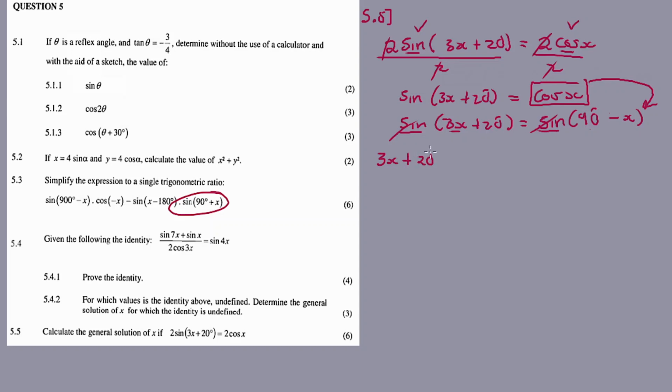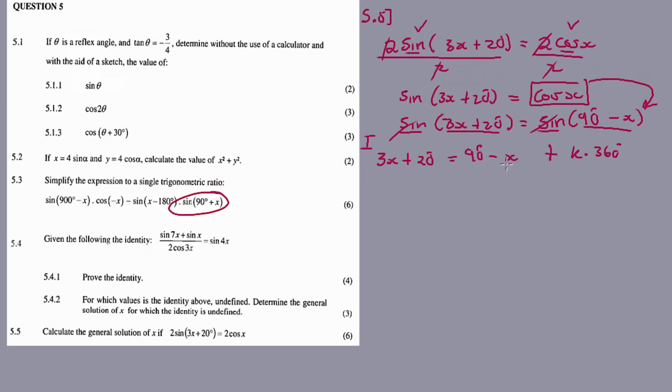So 3x plus 20 is equal to 90 minus x. Sine is positive, so on the first quadrant the solution is: 3x plus 20 degrees equals 90 minus x, the angle on the left equals the angle on the right, plus k times 360.